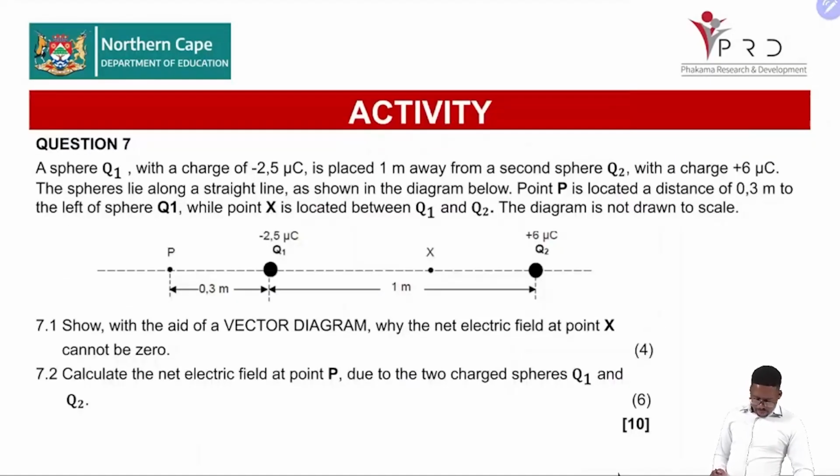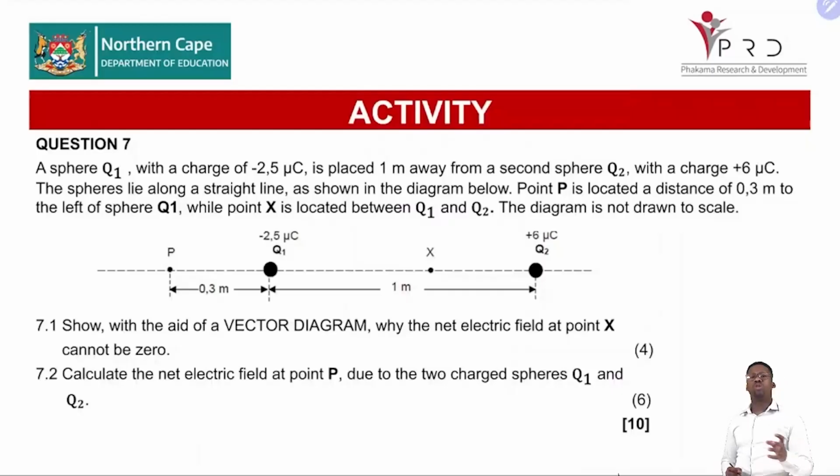Then, I'm giving you 10 minutes to respond to this question. Question 7. Sphere 1, Q1, with a charge of negative 2,5 times 10 to the power negative 6 Coulomb is placed 1 meter away from second sphere Q2 with a charge of plus 6 times 10 to the power negative 6 Coulomb.